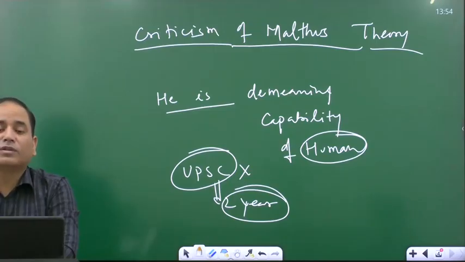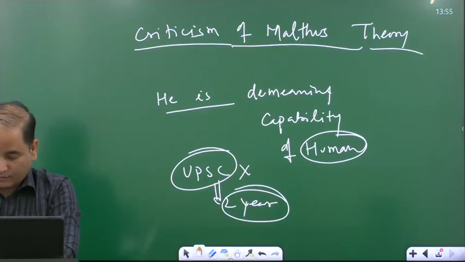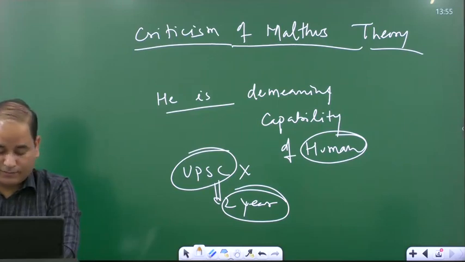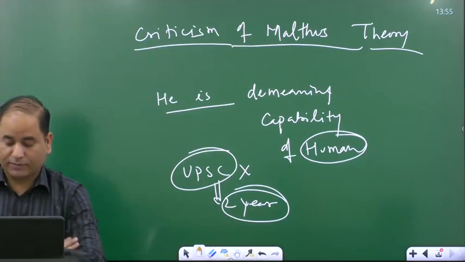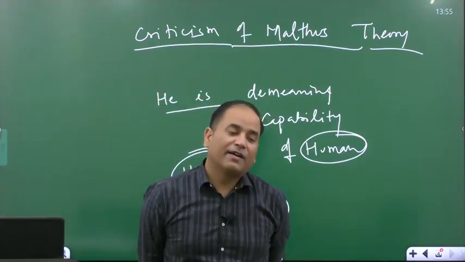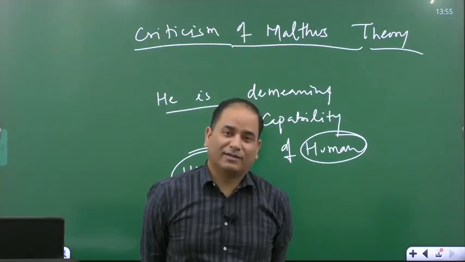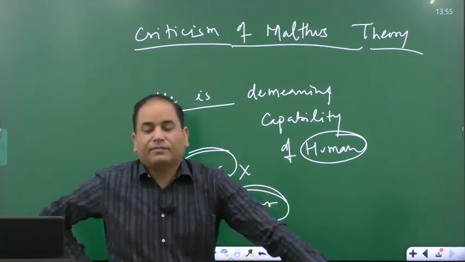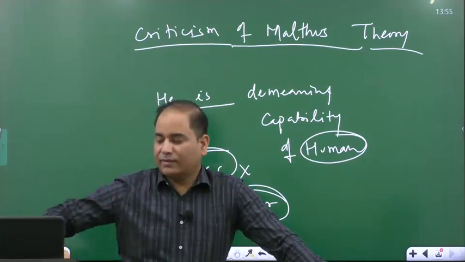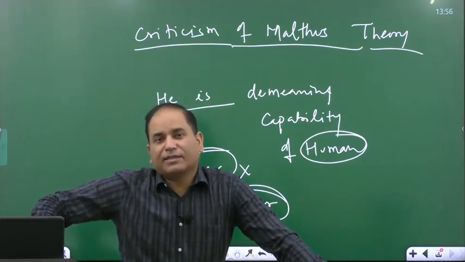Next point. Malthus has given more importance to positive checks over preventive checks, as he considered the preventive checks to be unnatural. इन ब्रैकेट वहां पे एक लिख सकते हो आप कि because his writing suggests that he happens to be more orthodox.